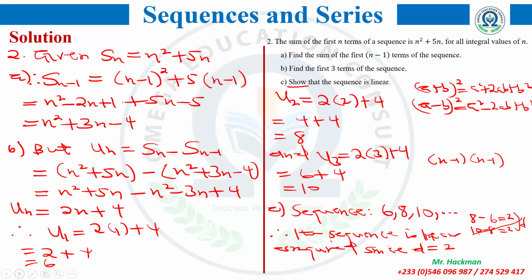That works for both AP and GP. It's a general relationship between U sub n and S sub n. And we said that U sub n will always be equal to S sub n minus S sub n minus 1, where S sub n minus 1 is the whole of the n minus 1 substituted.